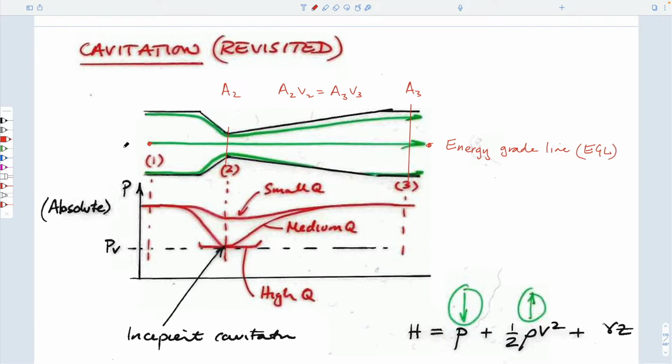And so the elevation of all of these are constant for this easy example. So if we look at Bernoulli between upstream and downstream, this would be equal to our EGL, our magnitude of our energy.